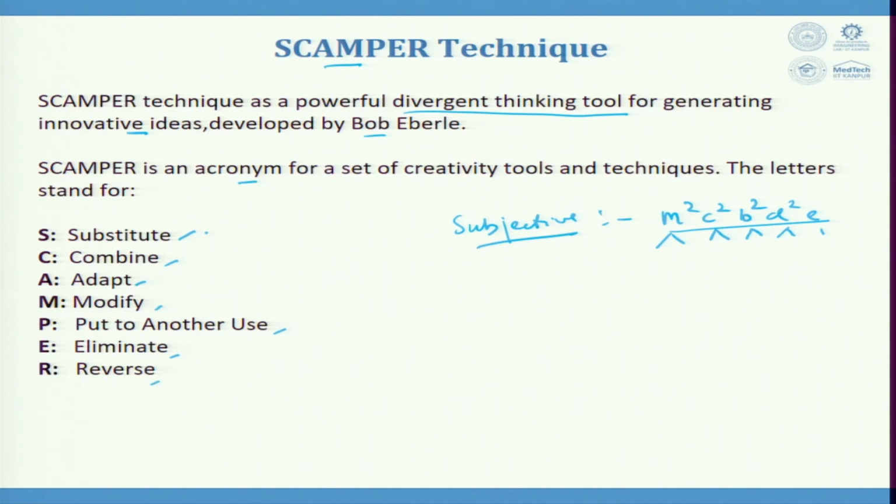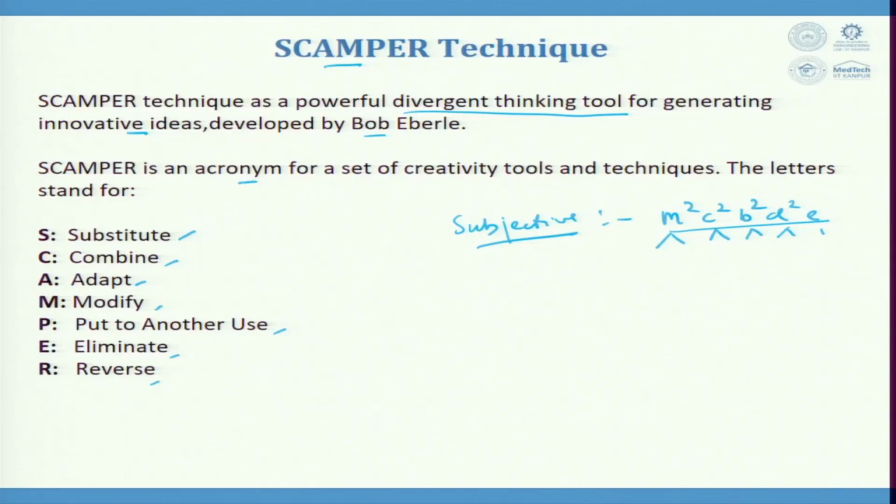Substitute means you try to change. For example, if this particular component is made out of metal, try to replace it with polymer. If this is a practice, why do not I turn the practice to this, which is very popular in the food industry, in the agriculture industry, in the education industry.